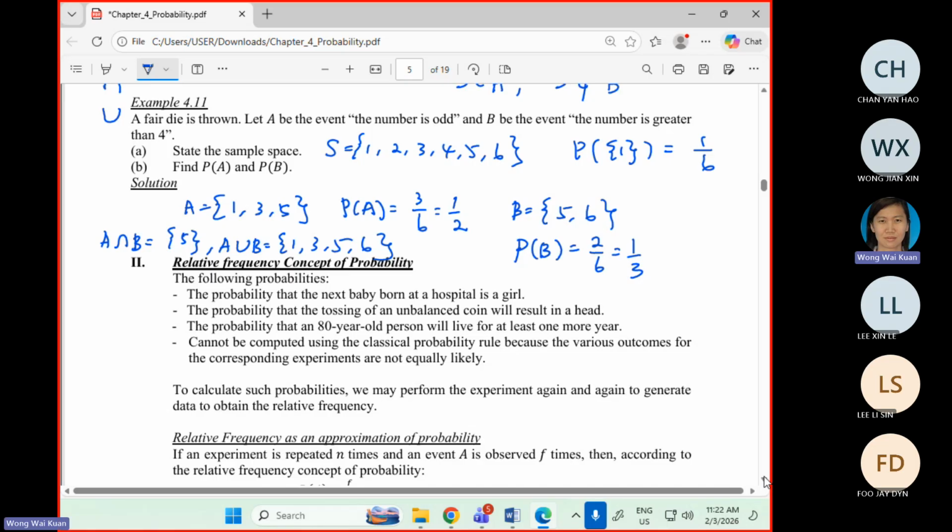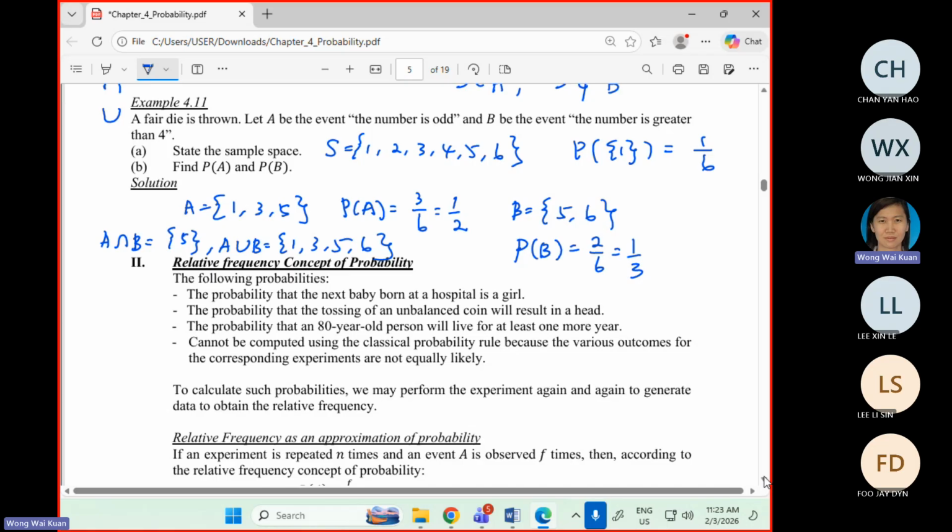Now for your actual science, that is always asking the probability that an 80-year-old person will live for at least 1 more year. Because that will affect the premium of an insurance if this old man wants to buy insurance. That will affect the claim.